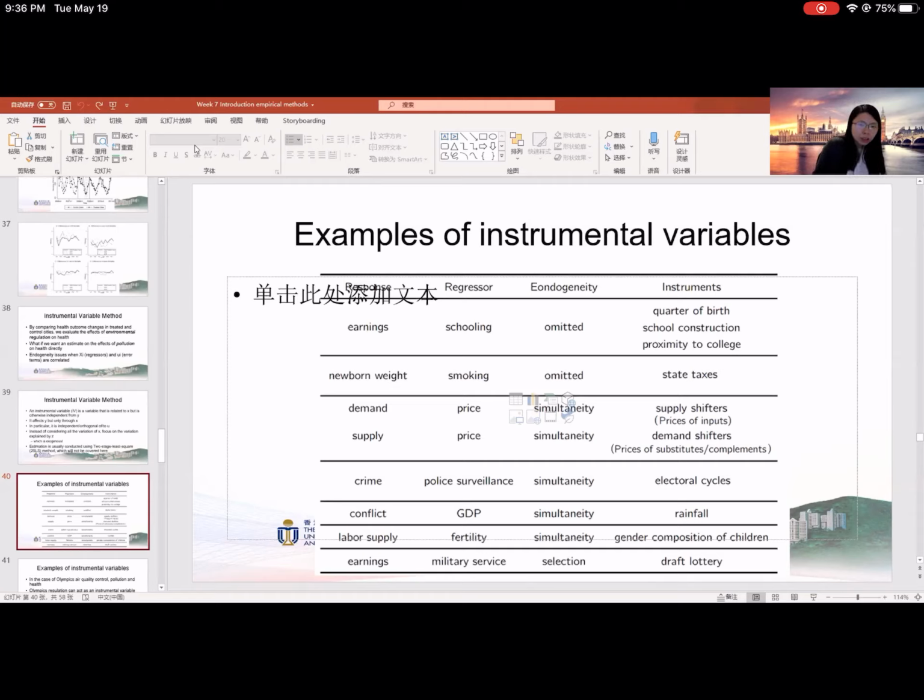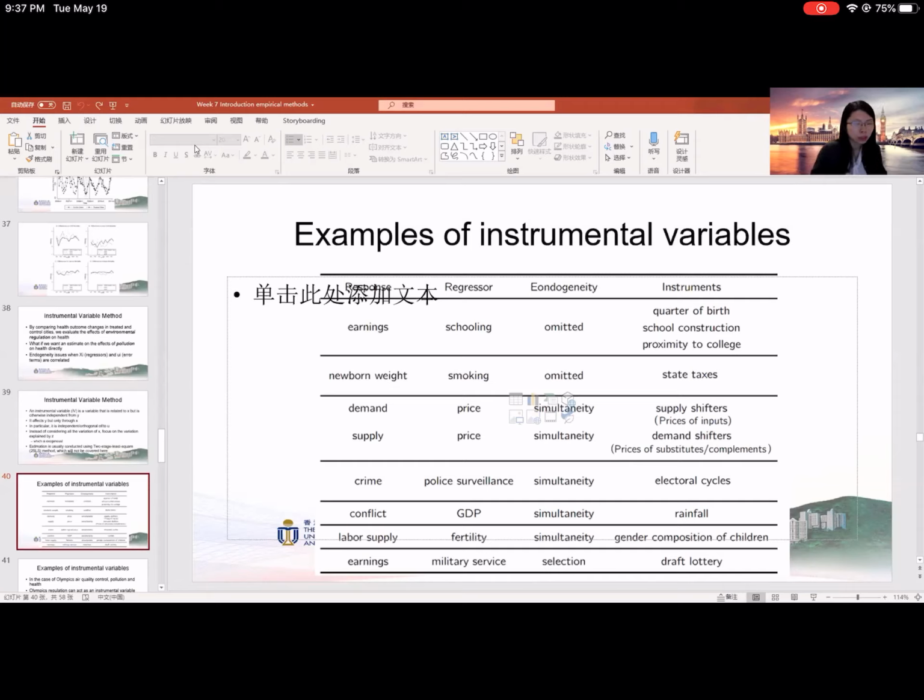And I think it's relatively clean in the sense that it's hard to think of reasons why quarter of birth affects earnings apart from its effects on schooling under this specific regulation, right? Generally, you trust this idea that the quarter of birth is more or less random. It's not just random because the timing of birth is determined by your parents.